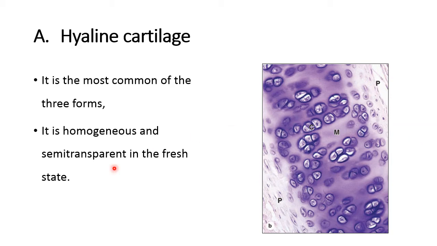It's homogeneous and semi-transparent in fresh state, meaning in fresh tissue it is semi-transparent and homogeneous. In this image on the right side, this is an image of hyaline cartilage. P stands for perichondrium, M for matrix, and C for the cells of hyaline cartilage. They are called chondrocytes.